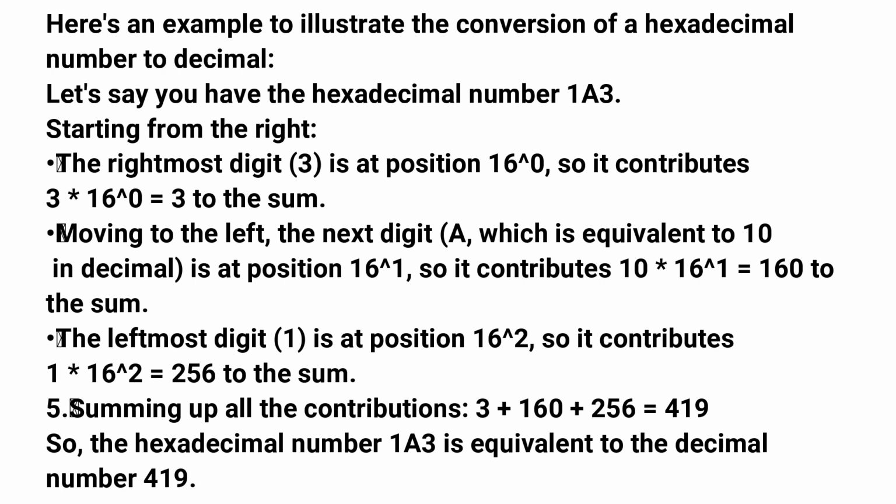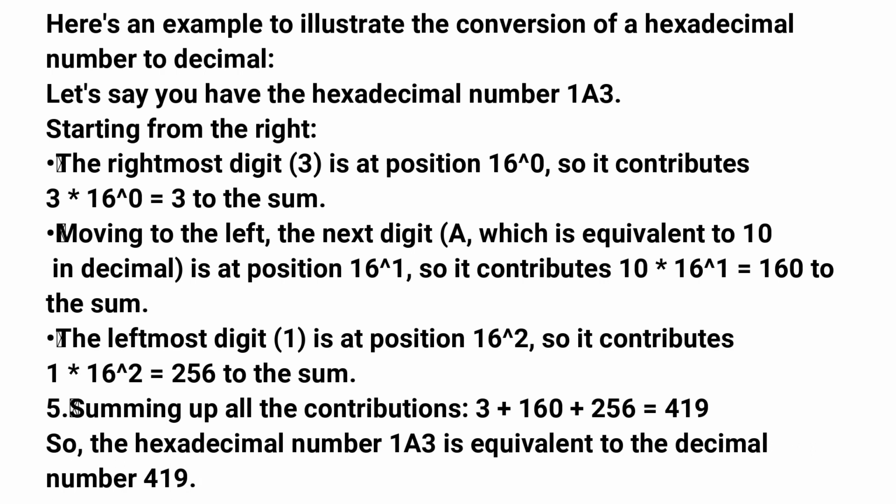Starting from the right, the rightmost digit, 3, is at position 16^0, so it contributes 3 * 16^0 = 3 to the sum. Moving to the left, the next digit, A, which is equivalent to 10 in decimal, is at position 16^1, so it contributes 10 * 16^1 = 160 to the sum.